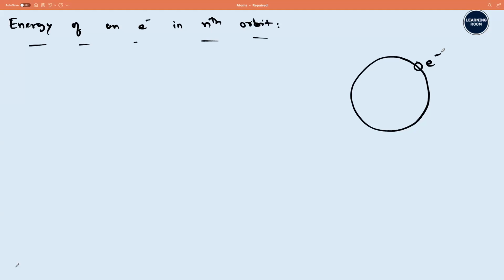So if I take this to be the electron, then what is going to be the energy of it? How to calculate? When I take the total energy of the electron, it is the sum of kinetic energy of the electron plus electrostatic potential energy of the electron.